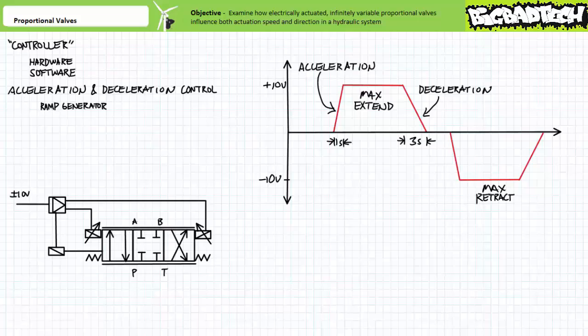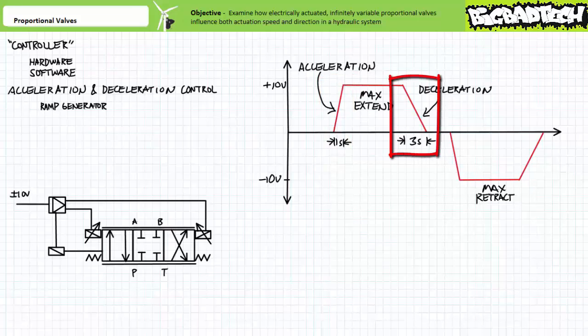Simple proportional valve controllers may use a single slope adjustment point that controls all transitions in all directions, whereas advanced controllers may allow for independently adjustable slopes of the acceleration and deceleration ramps for both straight through and cross-connect positions. For example, this proportional valve is exhibiting rapid acceleration of the applied load in the straight through direction, and that voltage goes from 0 to positive 10 volts over a period of 1 second.